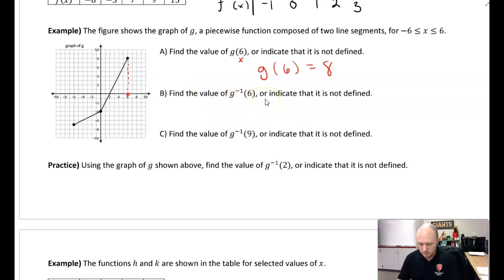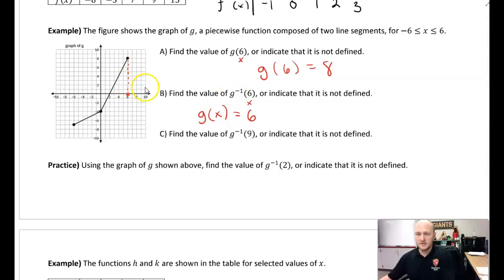Well, remember, with an inverse, x's become y's and y's become x's. So g inverse of 6 is now the x value. In order to find this, I want to know what was the original x value that gave me 6. So essentially I'm solving for when is g of x equal to 6, because if my output is 6, it will be the inverse's new input.